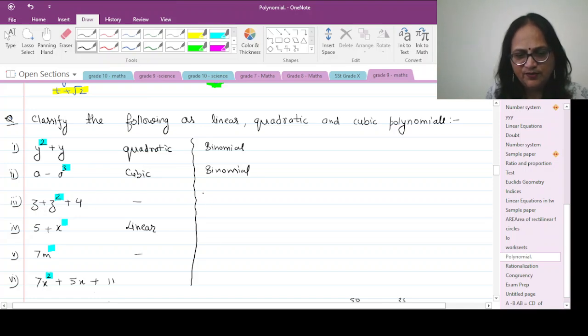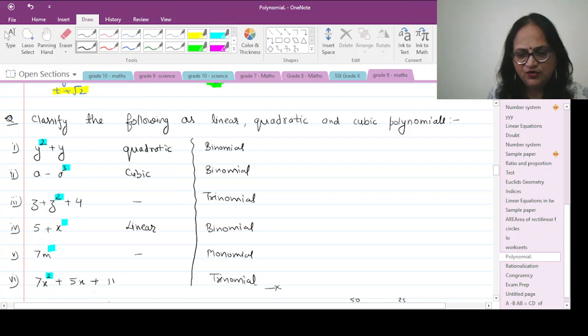Third one is trinomial. This is again binomial. 7m, only one term is there, so monomial. Here we are having three terms, so monomial, binomial and this is trinomial.